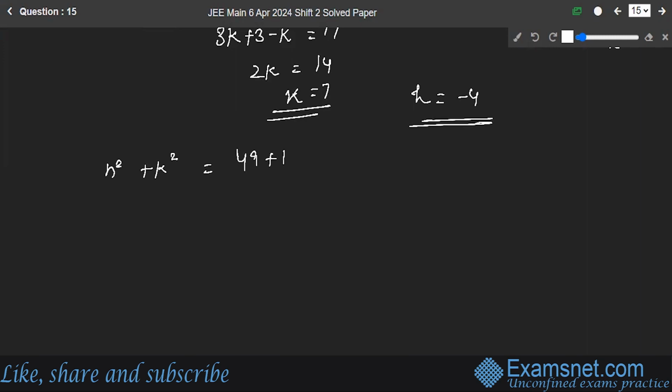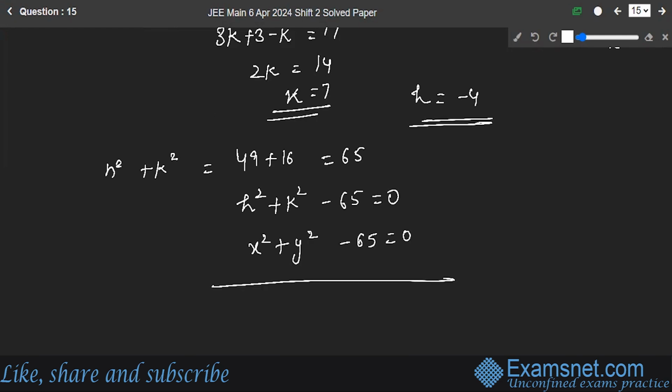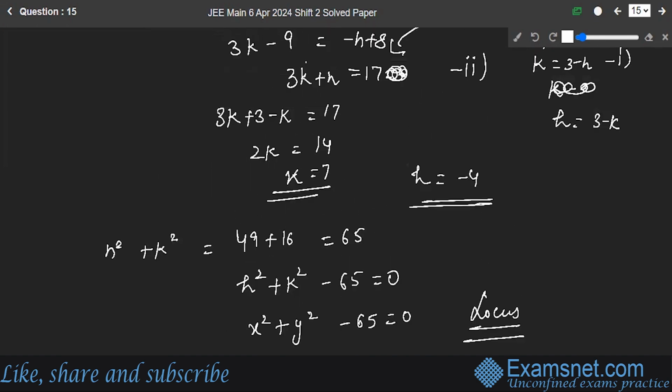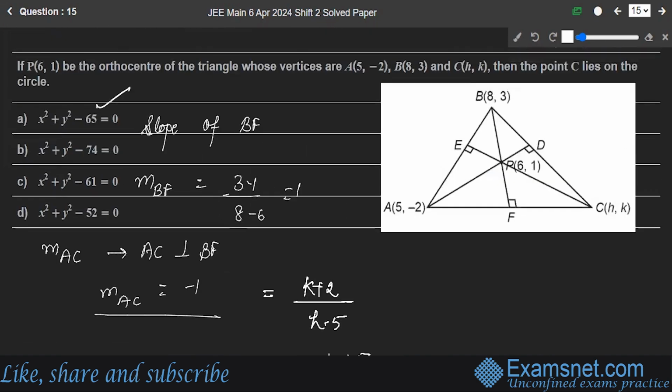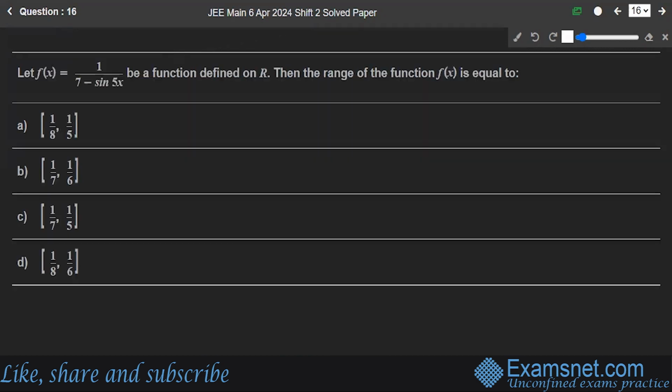That's 65, right? So H square plus K square minus 65 is equal to 0. Transforming H and K to X and Y, you have X square plus Y square minus 65 is equal to 0. This is the locus, right? And here you have the first option as the right answer. Hope you got that. Let's move to the next question.